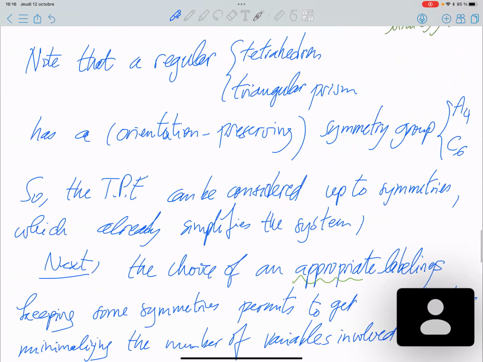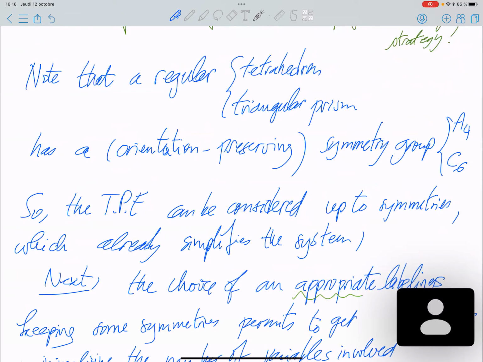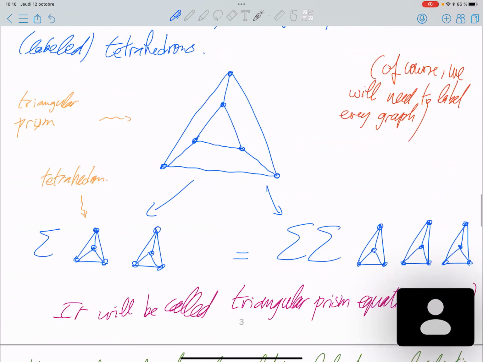Okay, so you have a nice pictorial reformulation with symmetries like that, and you can play, of course. Here, we only need to label, so you can play with this picture.